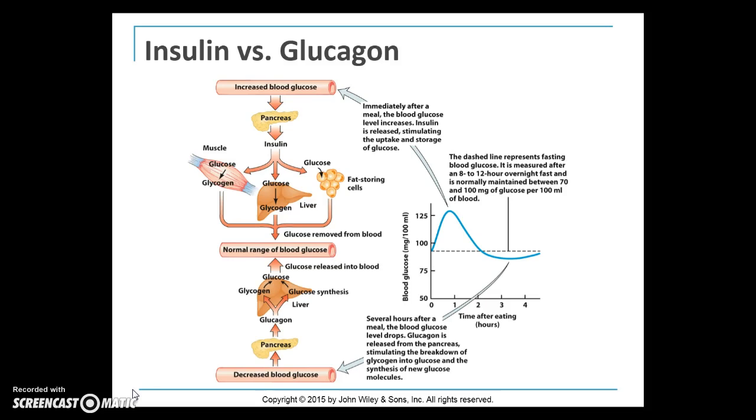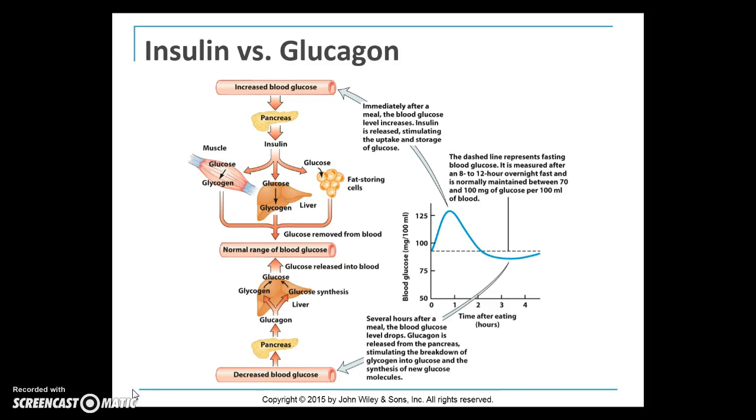So if we consume too much and our muscle storage is full and our liver storage is full, the only place to go is for fat storage. This removes the glucose from the blood and we get back in that normal range, 70 to 110.